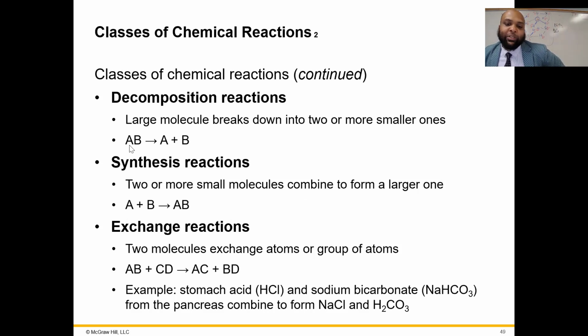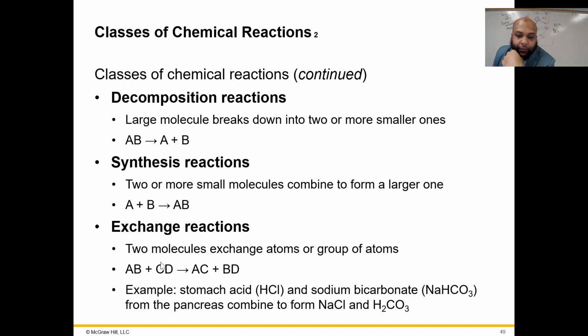That shows you decomposition: AB was one, it got separated into A plus B. That's a synthesis reaction: two or more small molecules combined to form a larger one. Exchange reactions are when you have AB plus CD and you switch around.